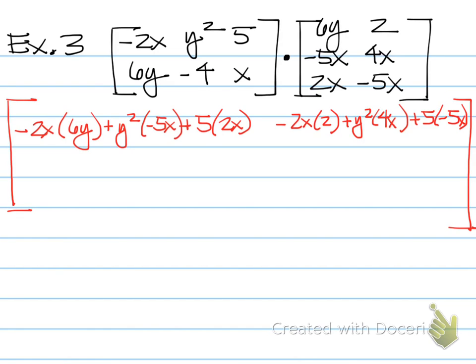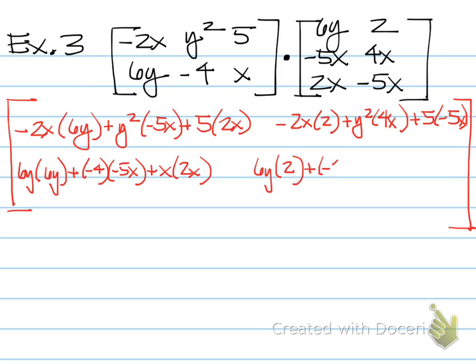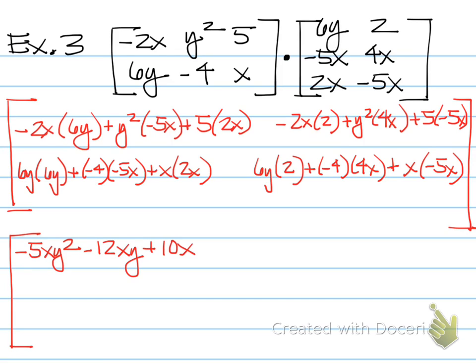Then we head down to the second row of the first matrix, multiply that by the first column of the second matrix, and we should get the following. And then again, that second row of the first matrix times the second column of the second matrix will give us this expression. And then once we simplify our answers and write the variables in alphabetical order, all the terms in descending exponential order, we should get the following matrix.